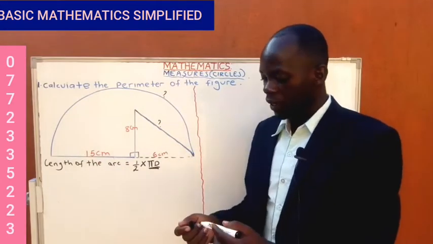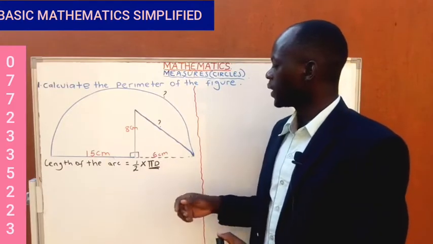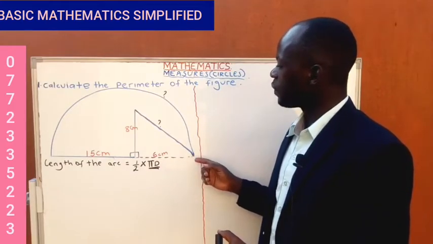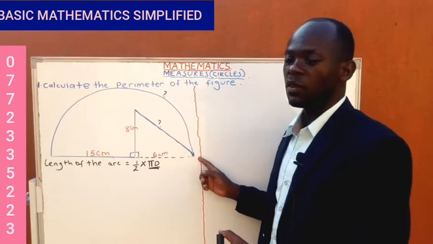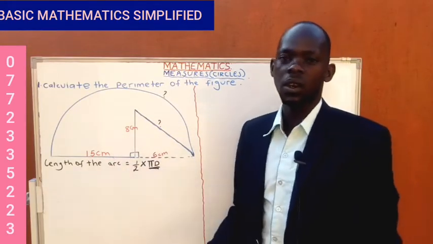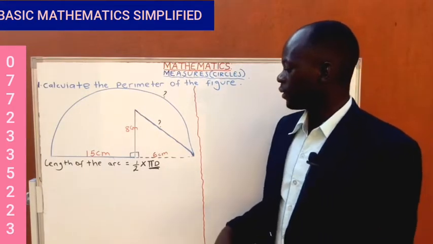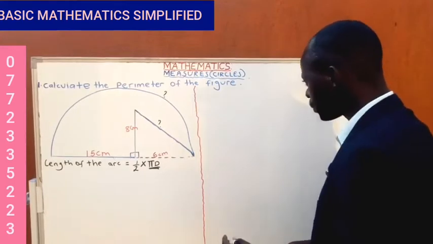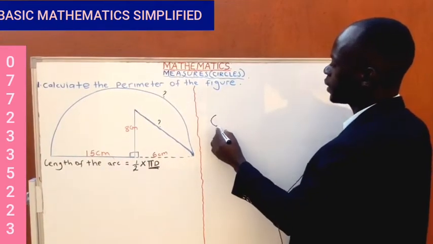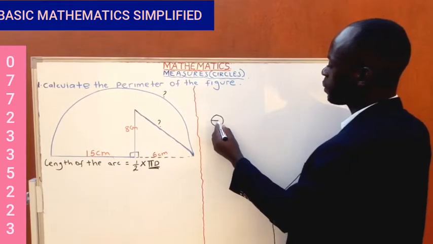Remember, the diameter is the distance from one point of the circumference to another point of the circumference through the center, or the longest chord on a circular object. When we have a circle like this, through the center, this one from here is the diameter.